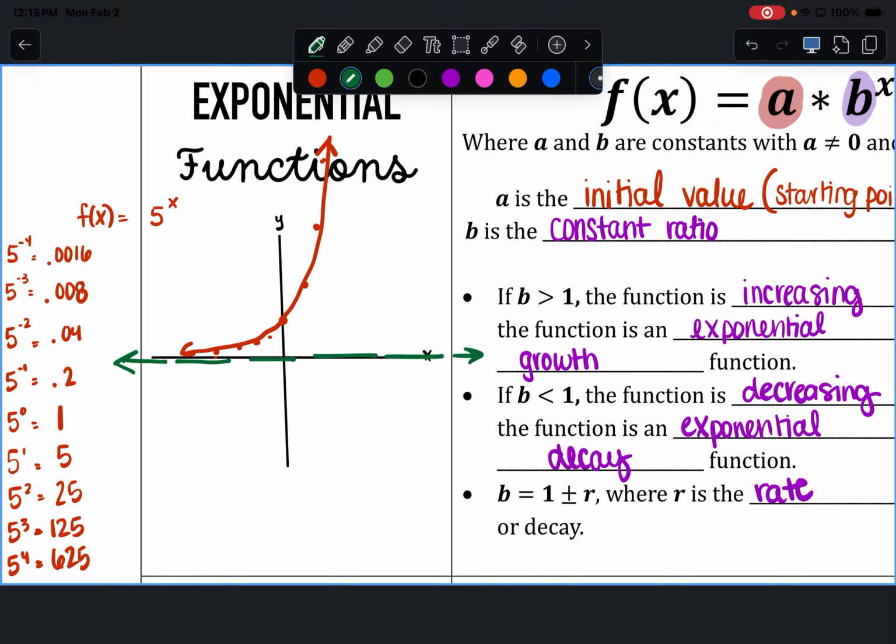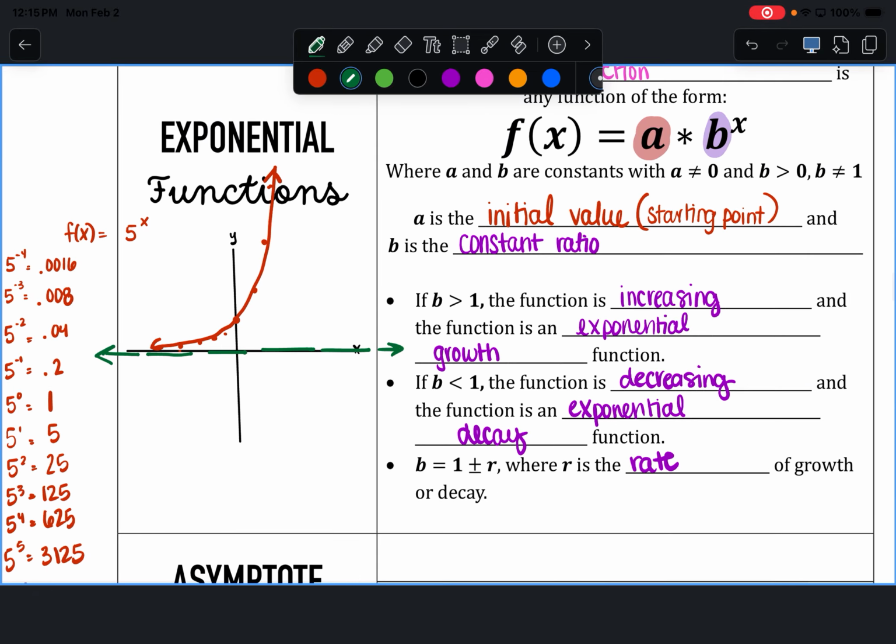Close it. Okay? So as it is getting closer and closer to this line, it will never touch it because it can't. Okay? It's like if it tried to touch it, it would get shocked and blow up. Okay? It cannot get close to it. So that line is called an asymptote. Okay?